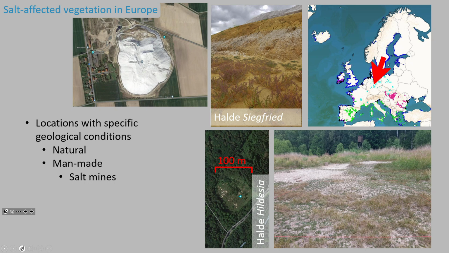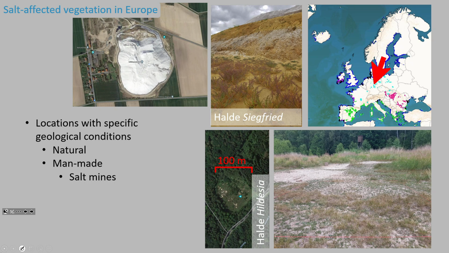One site was recently closed, in the last, I can't remember, ten years or so, and one site is already closed for more than 60 years and never was as big as the example on top of the slide. So the Halde Siegfried, as it's called, is this large area where they mined potassium salts, which are used mostly for agricultural fertilizer.